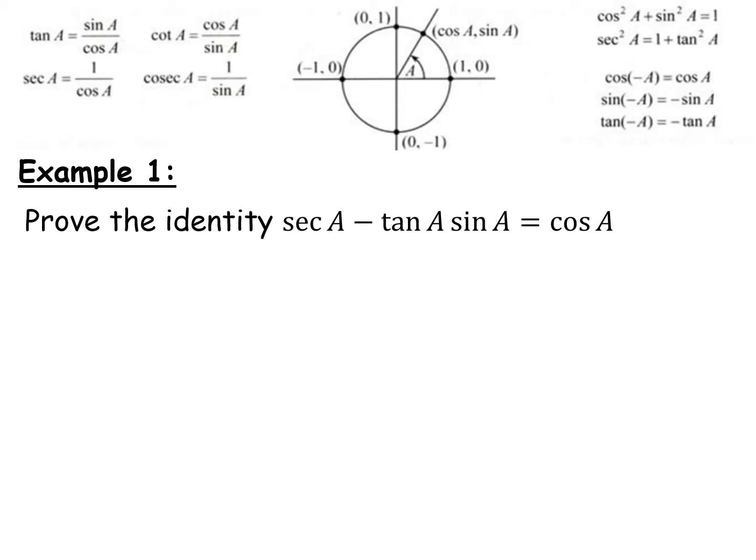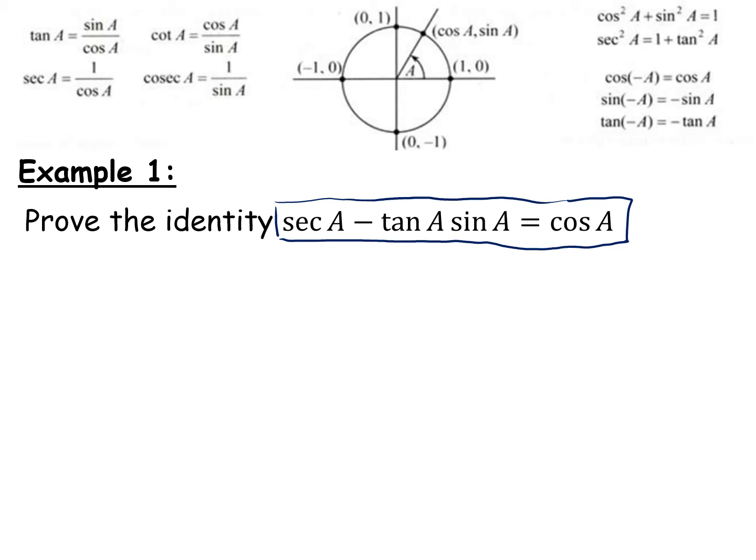So example 1, prove the identity (sec A minus tan A) times sine A is equal to cos A. So basically, you are better to work with the side where you have more information. So first thing I'm going to do, just because it's trigonometry and there's a lot of letters and it looks kind of different to what we would usually see in algebra, I like to really clearly show either through highlighting or boxing what exactly we're working with.